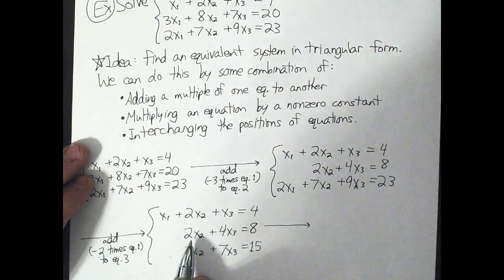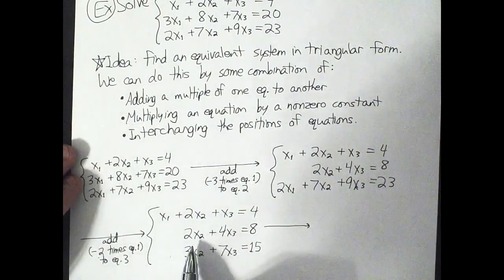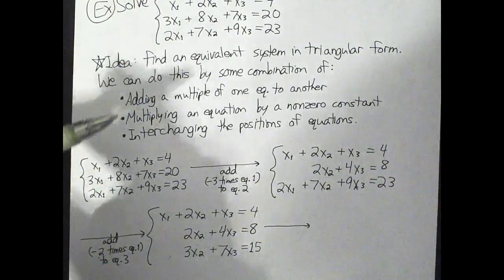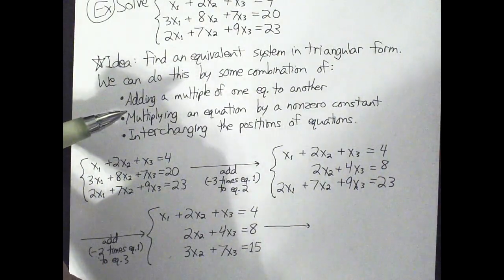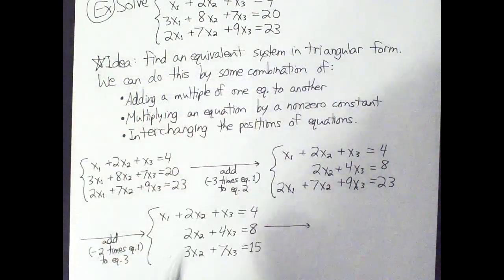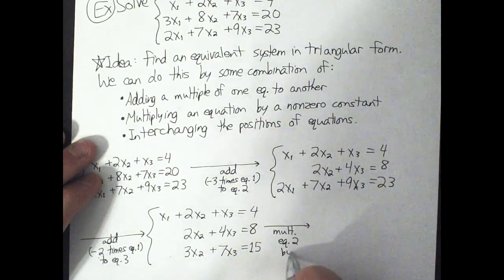For that equation, I mean. If you divided everything by 2, it would make this equation simpler. Now, is that one of the things we're allowed to do? It doesn't say anything about dividing. But we're allowed to multiply an equation by a non-zero constant. So what I'm going to do is multiply equation 2 by 1/2.